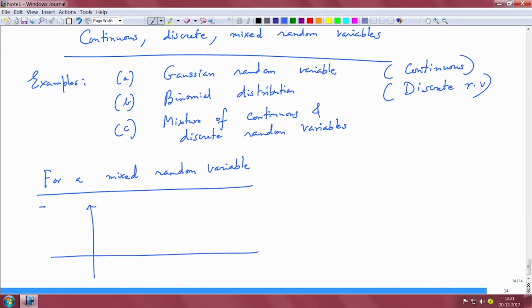If you look at the sketch of the probability distribution function, I can have jumps indicating it is discrete at some points, and then I may have something which is continuous, right, and of course this has to integrate to 1.